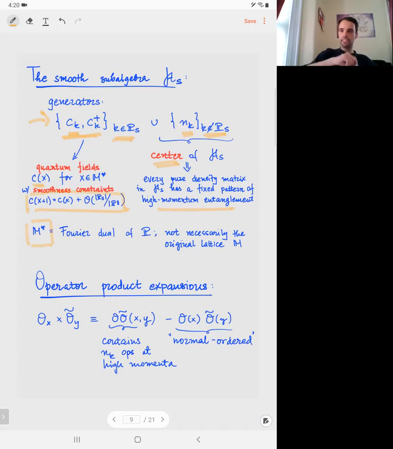So they all vary smoothly from lattice site to lattice site, and the difference between them is constrained to be some operator of size PS over P. This is what forces all of your fields to be smoothly varying, and that's possibly the main hallmark of what we normally call a continuum QFT.